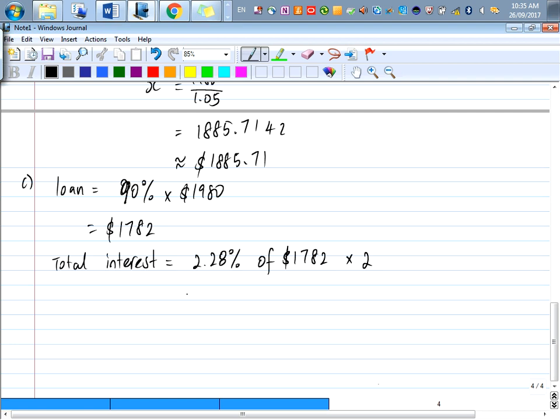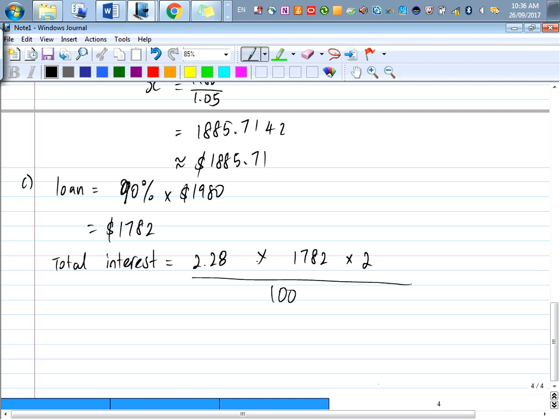Sorry? Need to divide by 100. Wait, so Winston, are you telling me I should divide this by 100? No, don't need. You know why? Because it's already a percentage. So what Winston would have written would have been this, same as this.